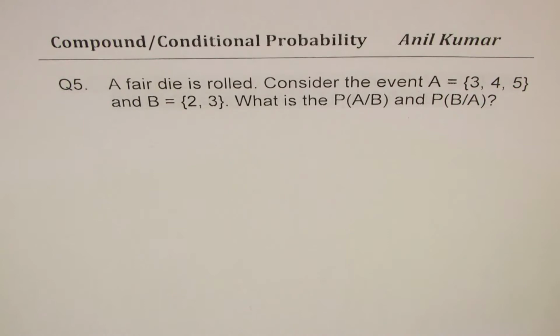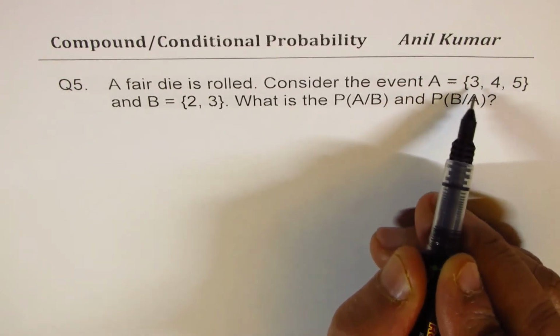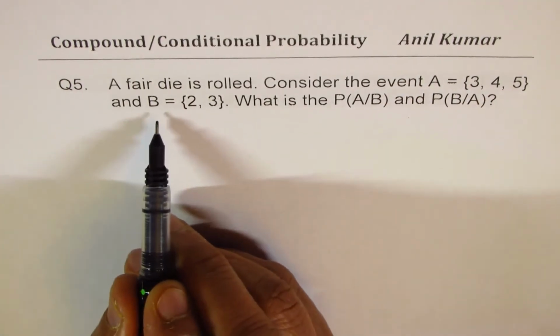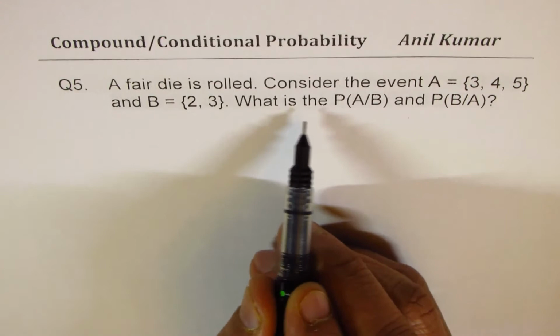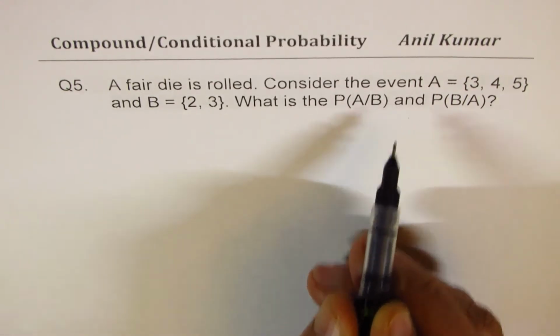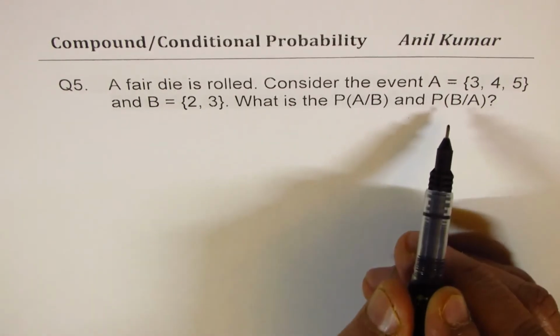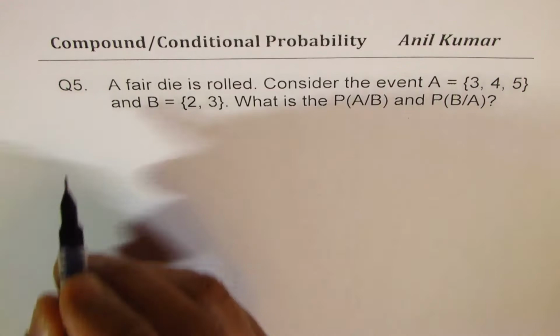Question number 5. A fair die is rolled. Consider the event A as 3, 4, 5, and B as 2 and 3. What is the probability of A when B occurs, and what is the probability of B when A is given to you, right? So these are conditional probabilities.